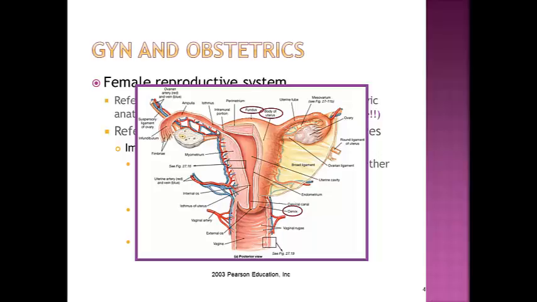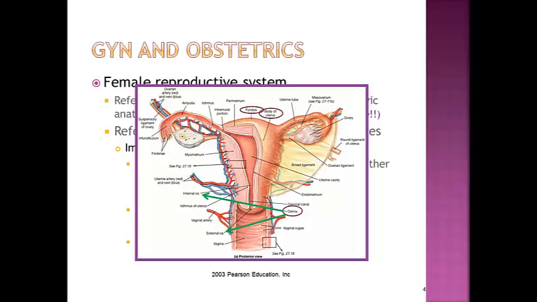So remember, there's 3 portions of the uterus, and each one has a specific job to do. One receives the egg, one implants the egg, and one delivers the baby. Within the cervix, there are 2 openings, which are named the internal os and the external os. The internal os is located in the innermost portion of the cervix, where the uterus opens into the cervix.